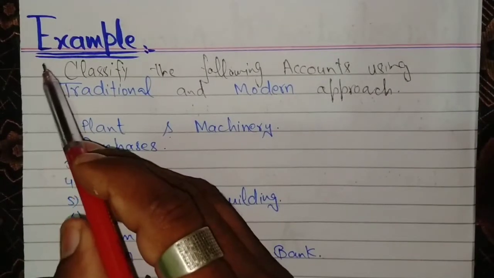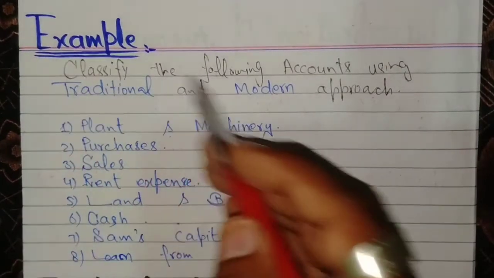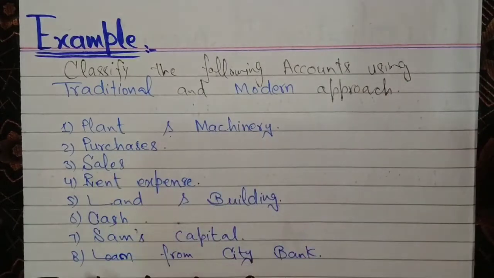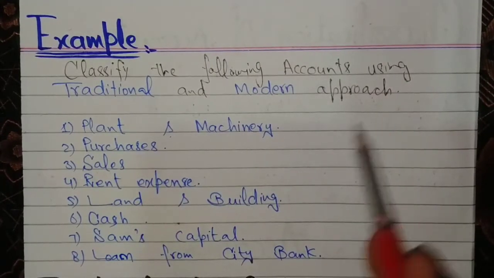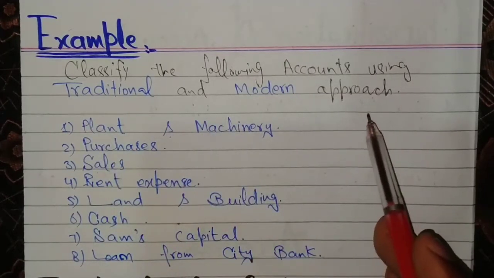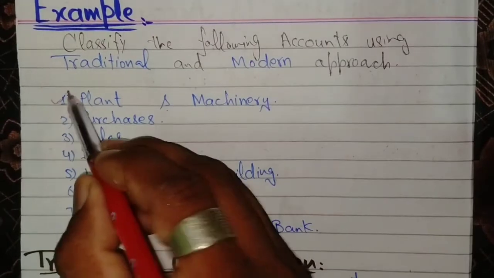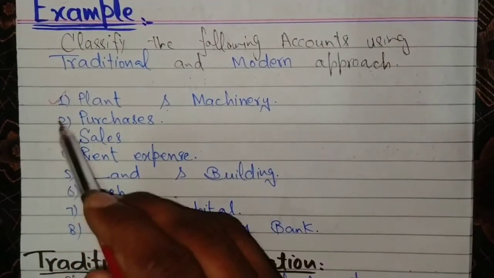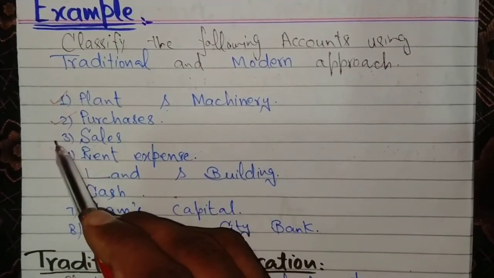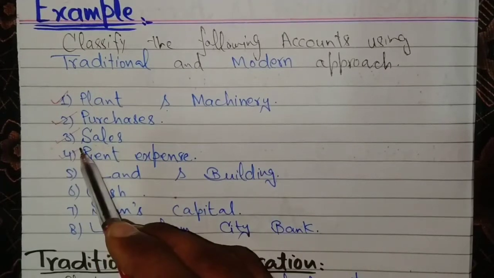Let's see this example, which has the following items, which we classify using the traditional and modern approach. First is plant and machinery. Second is purchases. Third is sales. Fourth is rent expense.